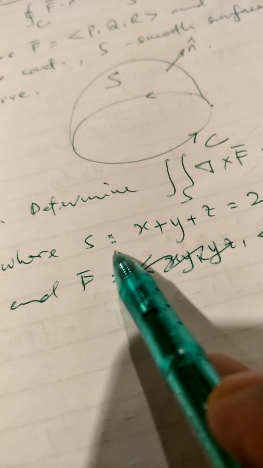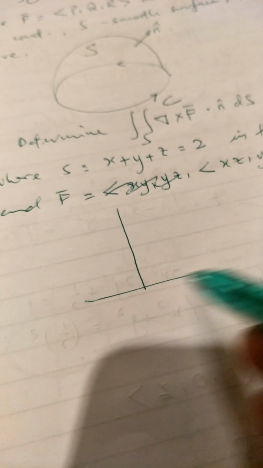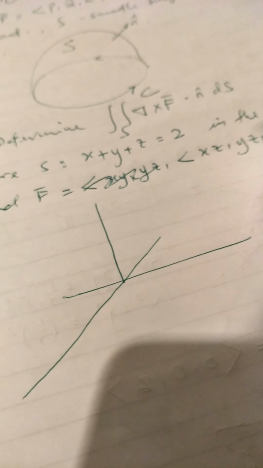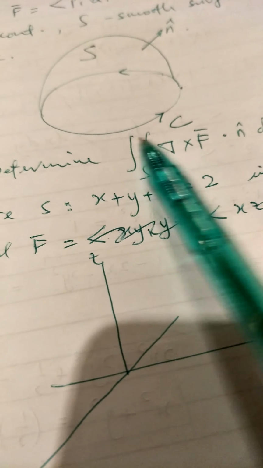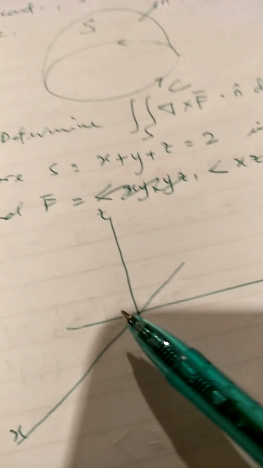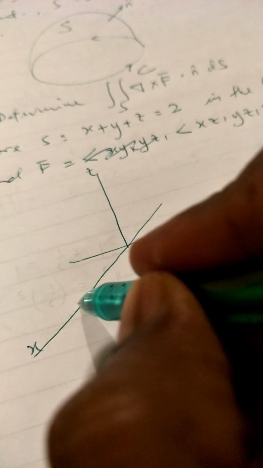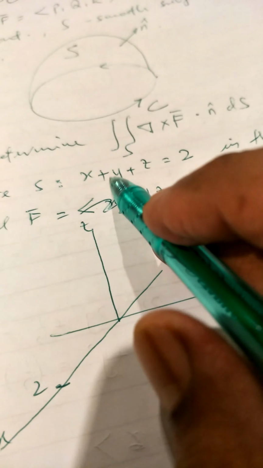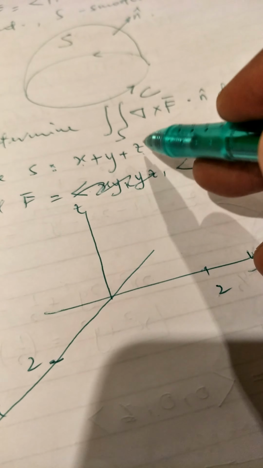Now, let's sketch this surface in XYZ. On the X axis, Y and Z are 0, so x equals 2. On the Y axis, y equals 2. On the Z axis, z equals 2.